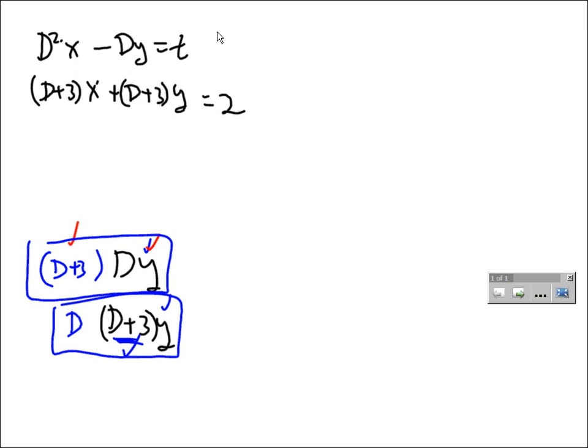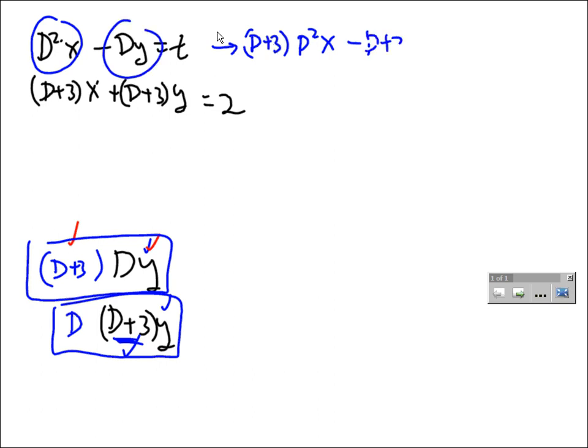I'm going to eliminate the y by doing d plus 3 to both sides of the first equation. I do d plus 3 on that, minus d plus 3 on that, and I do d plus 3 on t, which will be 3t plus 1.